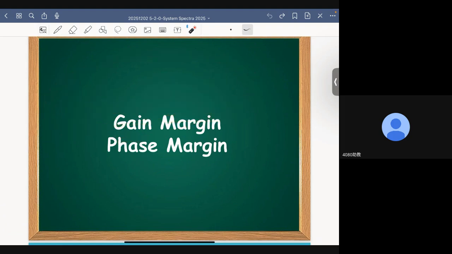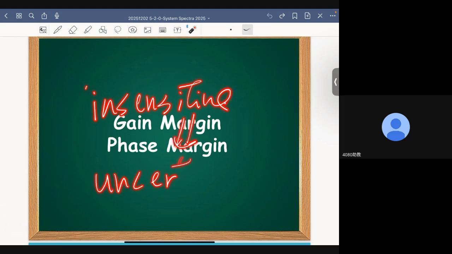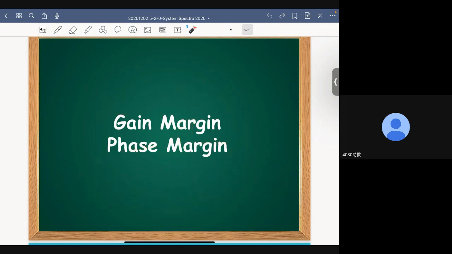That means the performance of the system, whether it's accuracy or stability or speed of response, we want the feedback control system to be insensitive to uncertainties, right? Why do we want to have feedback control system in the first place? Why not just use open loop control?